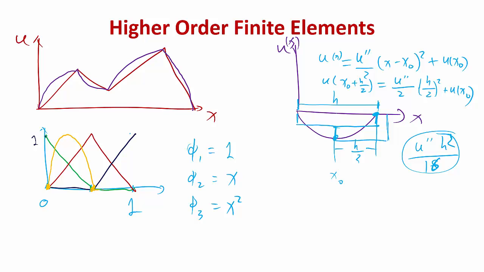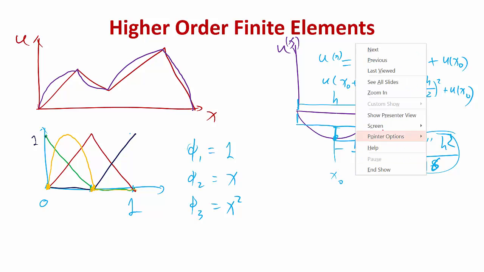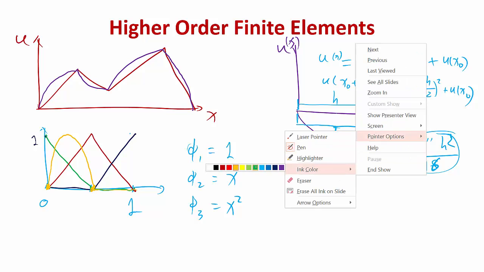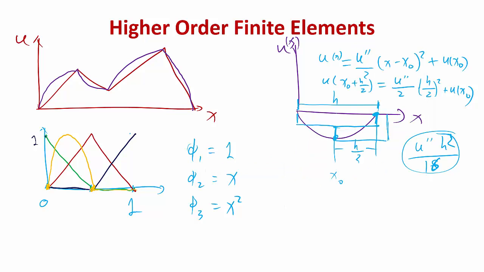And here, because the green one is 0, the gold one also stays 0. And we have another one of these in the second element. It stays 0 here, goes up here, and back to 0 here.